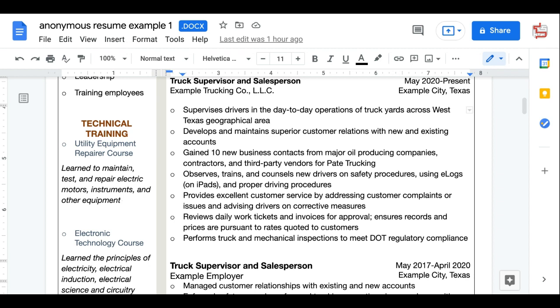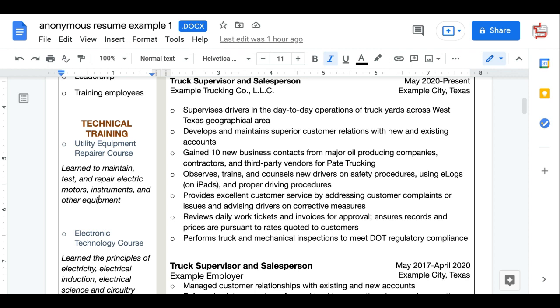So I just included the names of the courses that they had taken, and I included a short description. The description that's written here is related to what was on the job advertisement. So basically, I included this information to tie this person's technical training, their education basically, to the job ad.